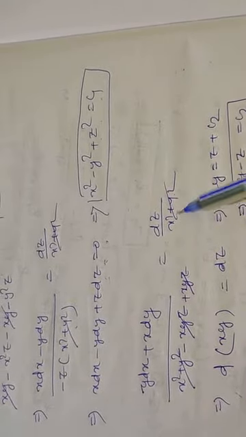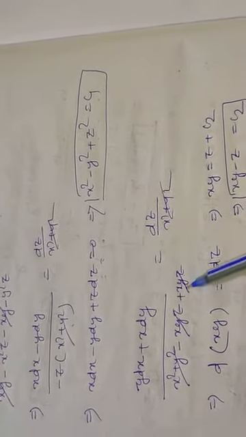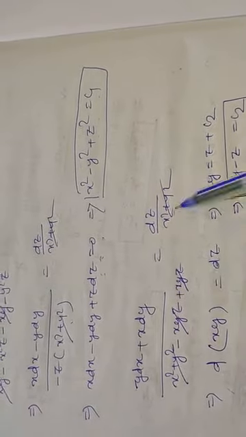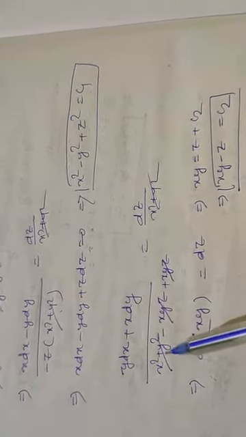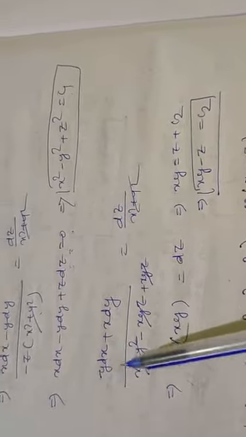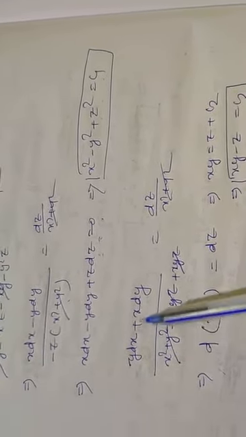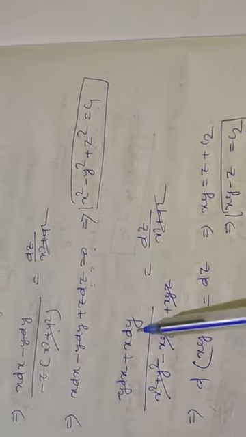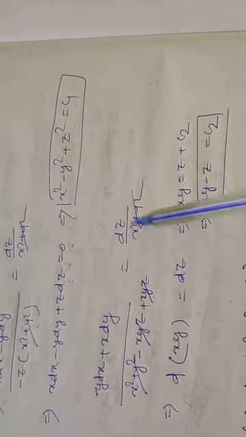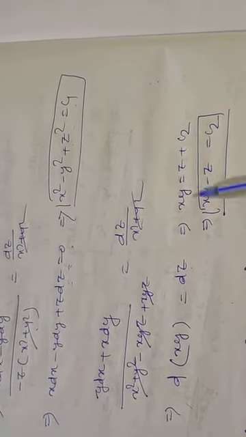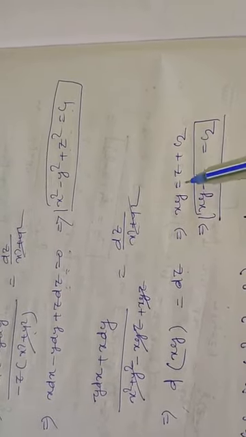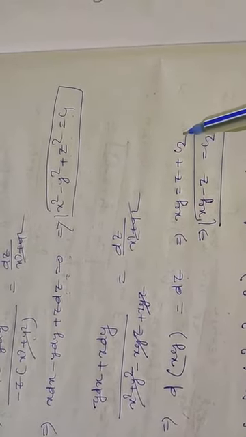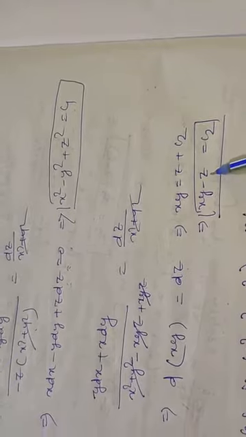Over dz/(x² + y²). So x² + y² is again cancelled out from both ratios, and it becomes y dx + x dy = dz. y dx + x dy is d(xy) = dz, which on integration gives us xy = z + c2, or xy − z = c2.